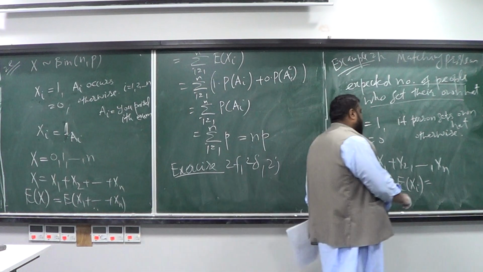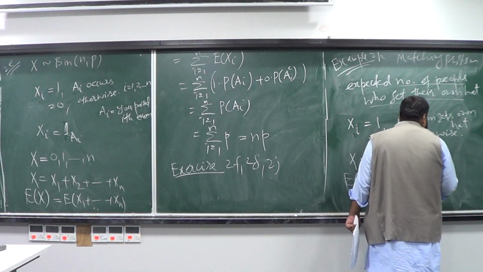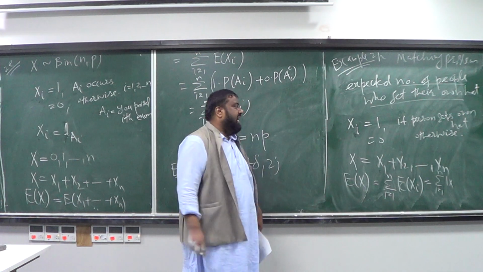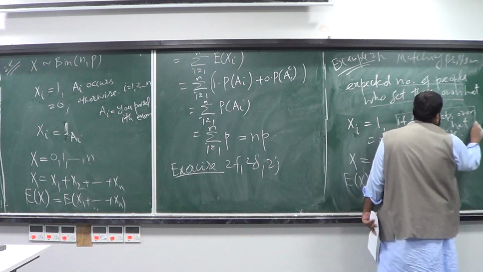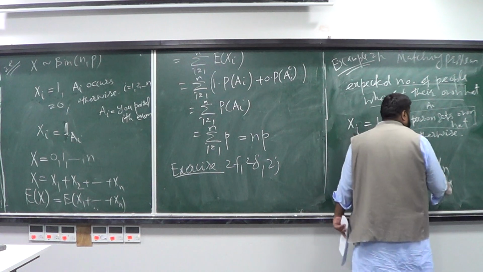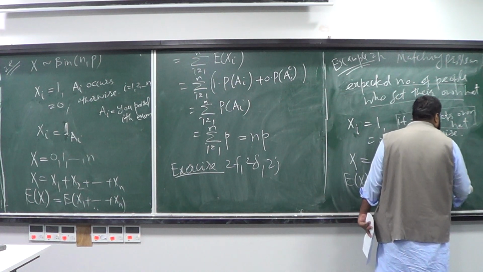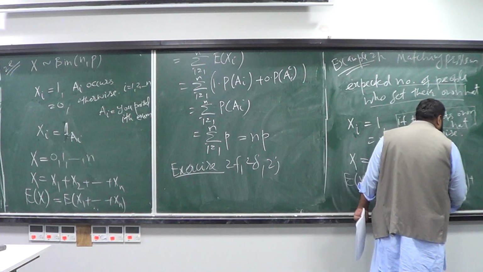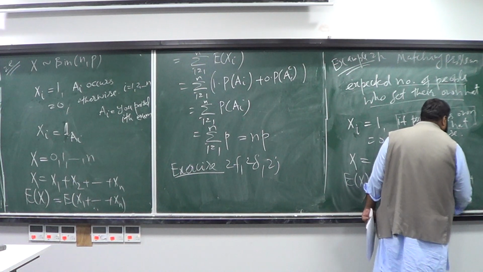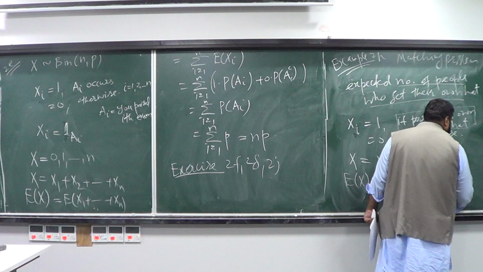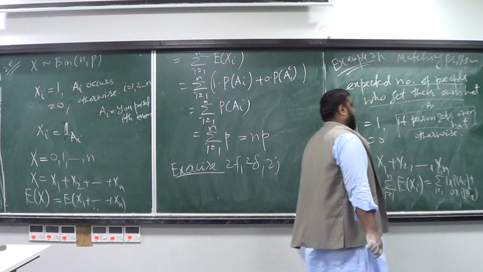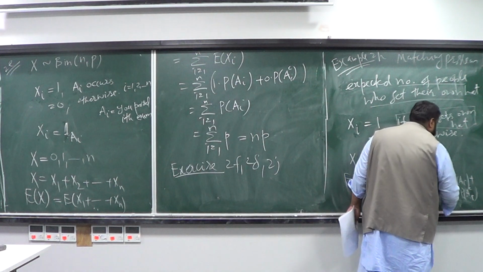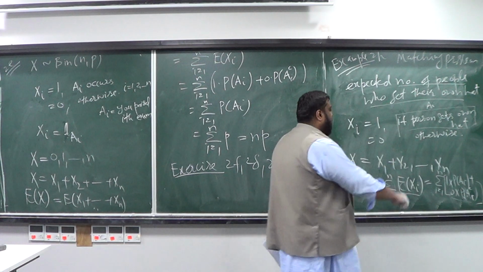So it's going to be 1 multiplied by the probability of Ai, where Ai means that the person got their own hat, plus 0 multiplied by the probability that the person didn't get their own hat. This is the value of the expectation by definition, because Xi takes only two values.